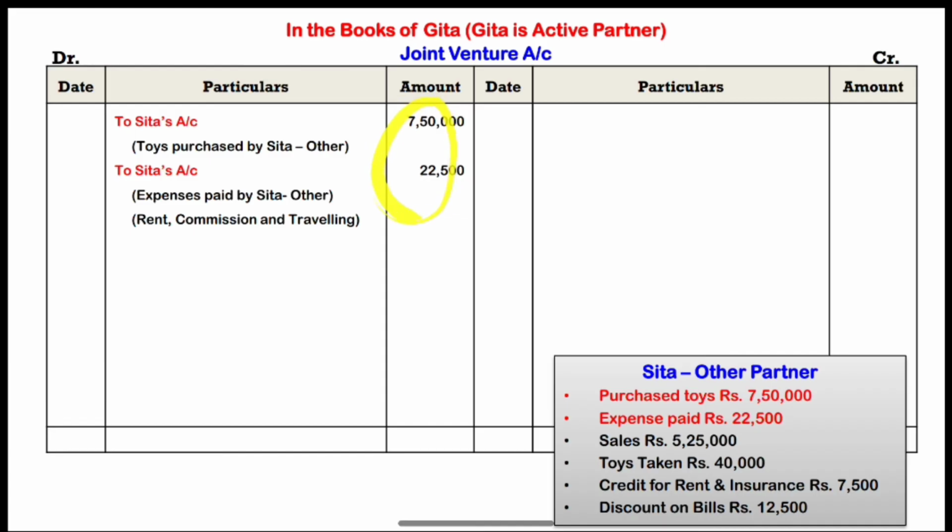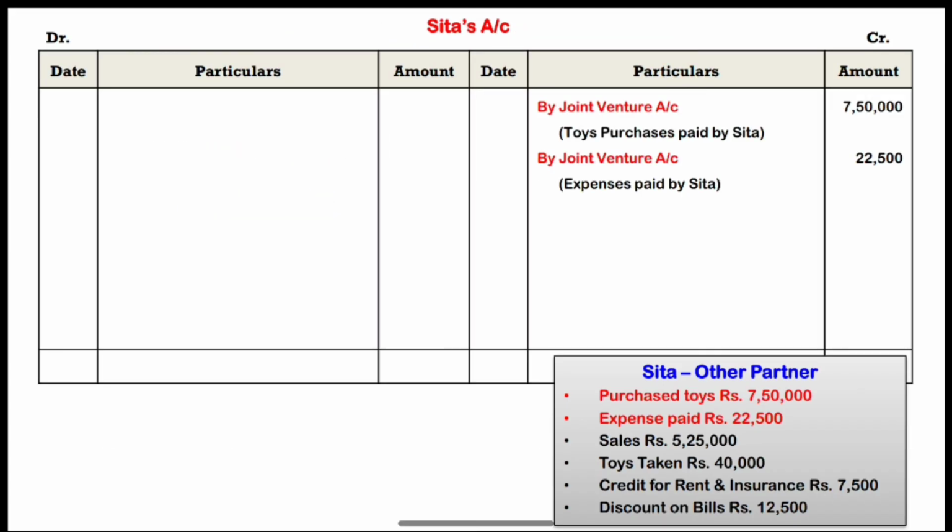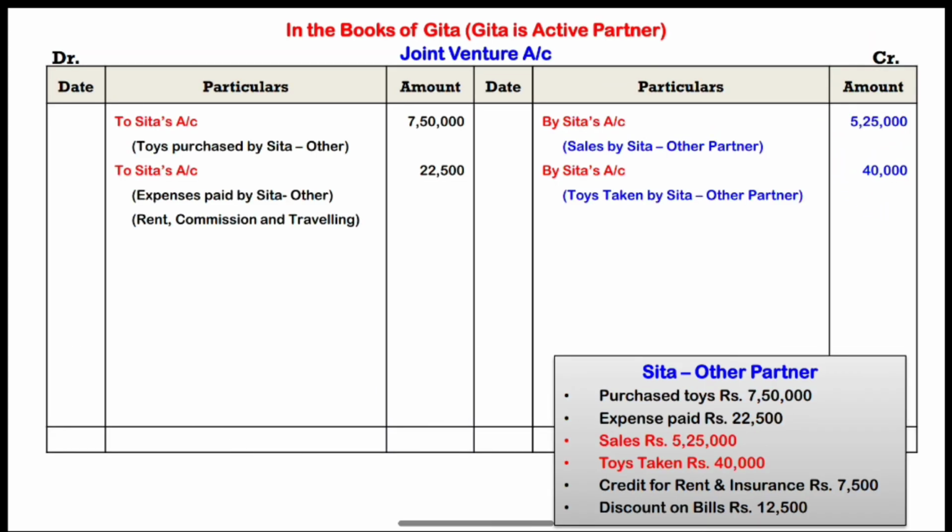Joint venture on debit side, Sita's account, in Sita's account on credit side. So on the credit side of Sita, by joint venture account toys purchased, by joint venture account expenses paid by other partner 7,50,000 and 22,500. Sales and toys taken.